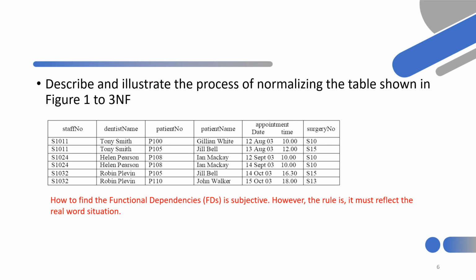Alright, so next is another exercise. Given the table, you are required to describe and illustrate the process of normalization of the table shown in Figure 1 to the third normal form. So it means that given the table, you are required to explain the normalization process from first normal form to the third normal form.